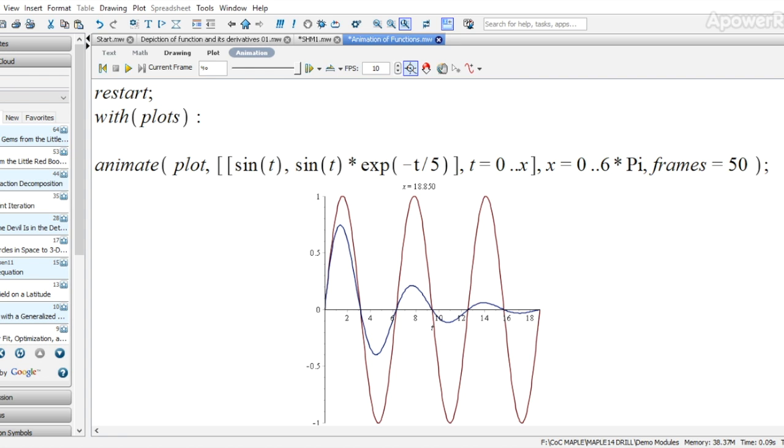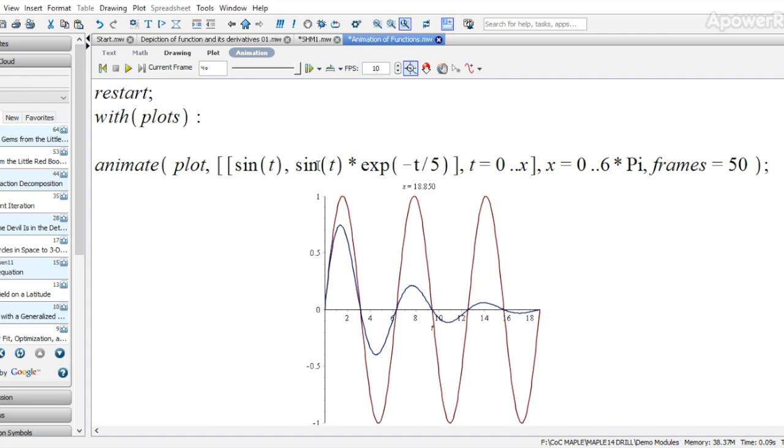Now here we have tried to plot a sine of t function where t rolls to describe about 3 cycles, and another sine function where in the first sine function the amplitude is 1, in another sine function is multiplied by e to the power minus t by 5.